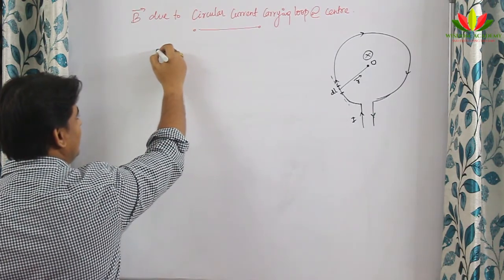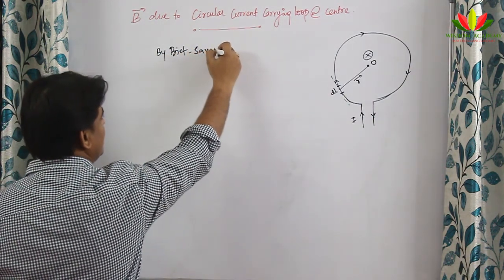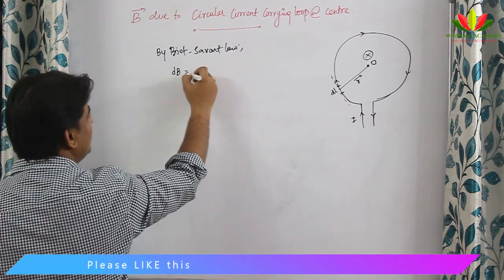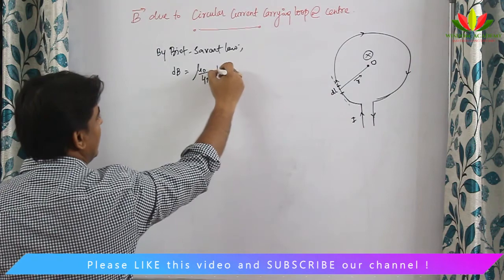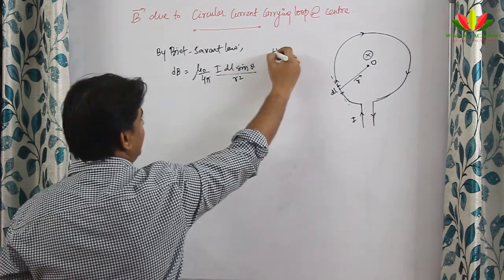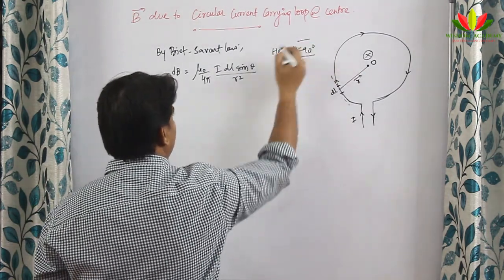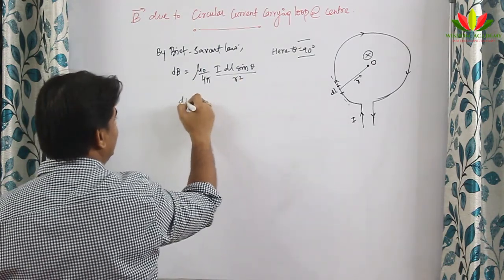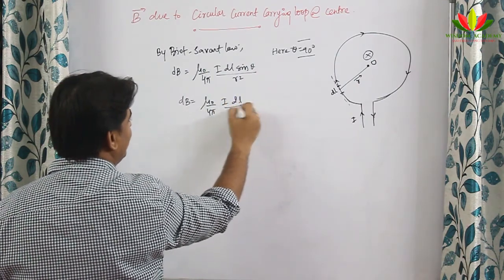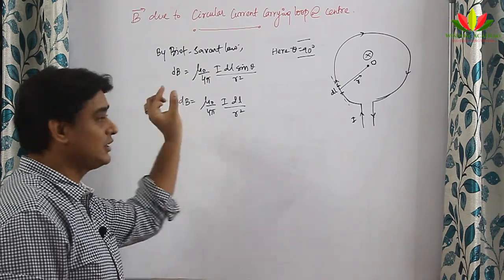So by Biot-Savart law, dB is equal to mu naught by 4 pi I dl sin theta by r square, and here theta is equal to 90 degrees. So sin 90 is 1, so I get dB is equal to mu naught by 4 pi I dl by r square. This is the magnetic field for the small current element.